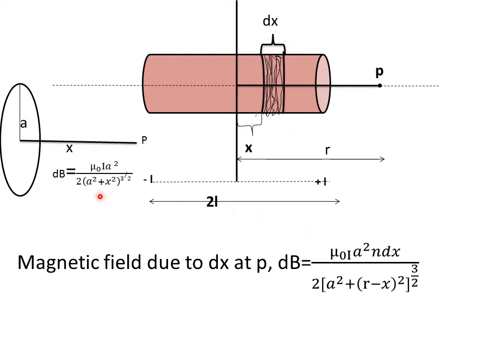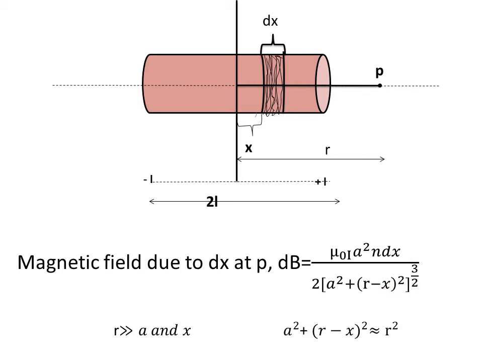In the denominator we have 2 into (a square plus (r minus x) the whole square) raised to 3 by 2, that is, instead of x, the distance of this element from P is r minus x.